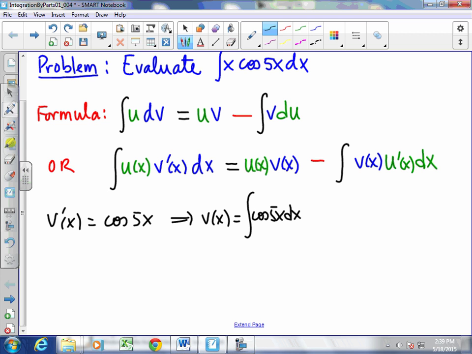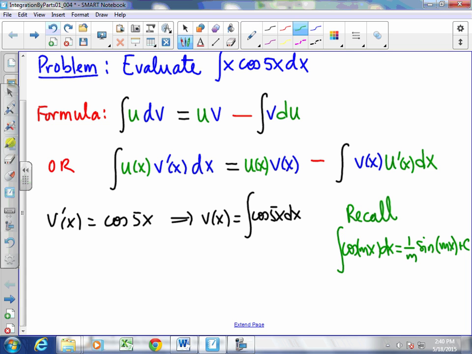We can remind ourselves what we know about this integral. Recall, the integral of cosine mx dx is 1 over m sine of mx plus constant.